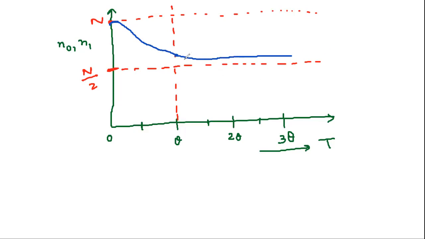This blue curve is representing the dependence of occupation number pertaining to lower state, ground state, N0, with temperature.